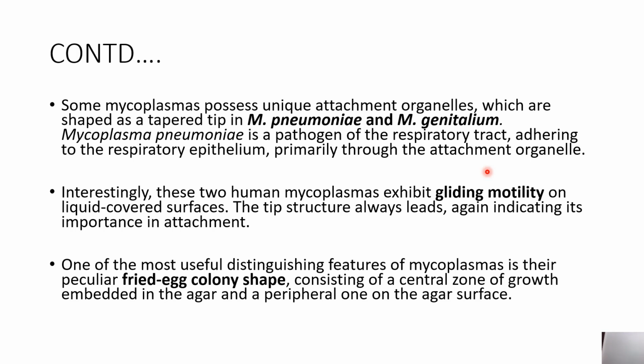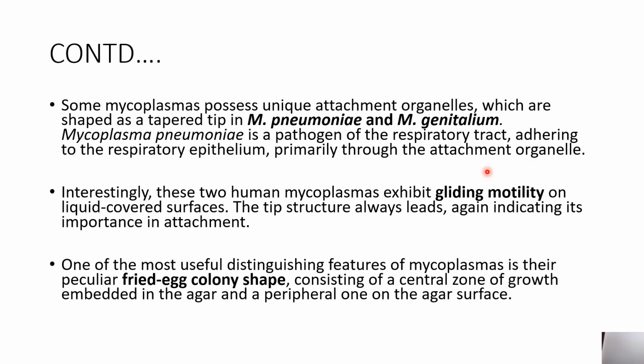Some mycoplasmas possess unique attachment organelles, which are shaped as a tapered tip in M. pneumoniae and M. genitalium. Mycoplasma pneumoniae is a pathogen of the respiratory tract, adhering to the respiratory epithelium primarily through the attachment organelle.